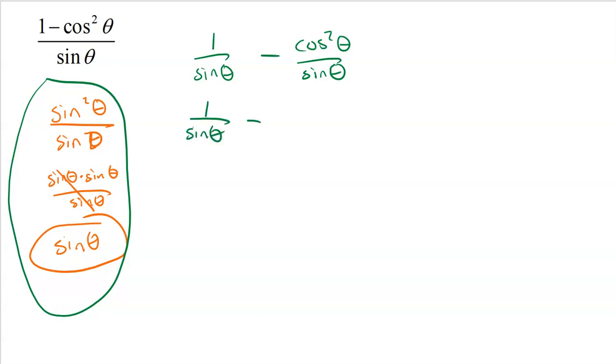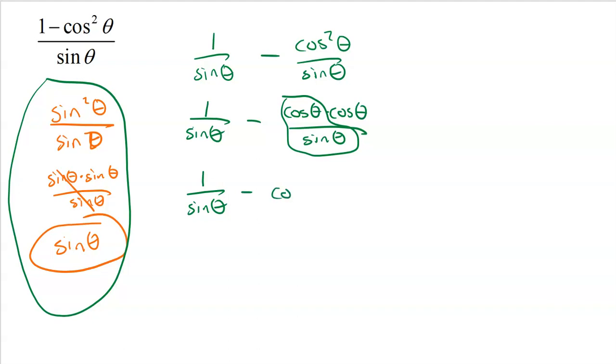Now check this out. I can actually separate this, right? On top is a cosine times cosine. So this right here is a cotangent. So I have 1 over sine minus cotangent of theta times cosine of theta, right?